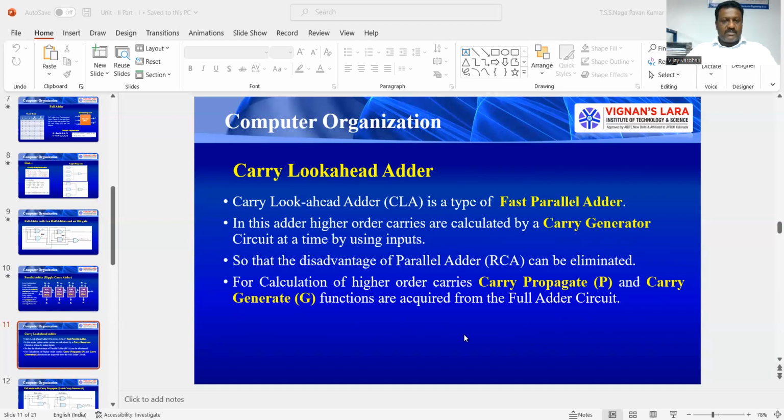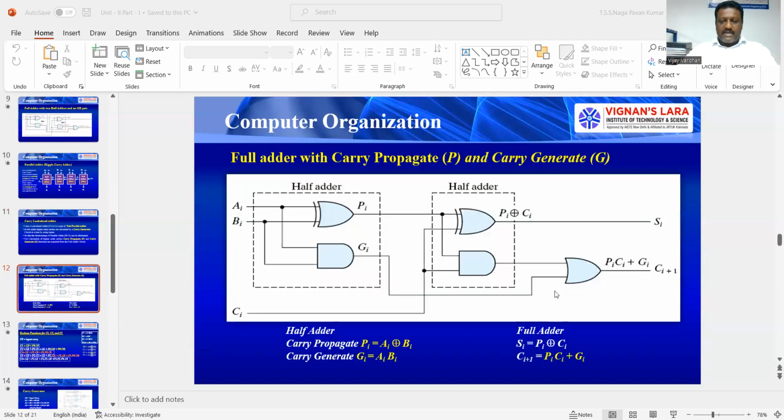So see here, friends. I consider a full adder circuit. This is half adder 1, half adder 2. Here Pi I can call carry propagate, which is an exclusive OR between Ai and Bi, and Gi is carry generate, which is Ai Bi. Coming to this second half adder, the sum output is Pi exclusive ORed with Ci. What is Pi?